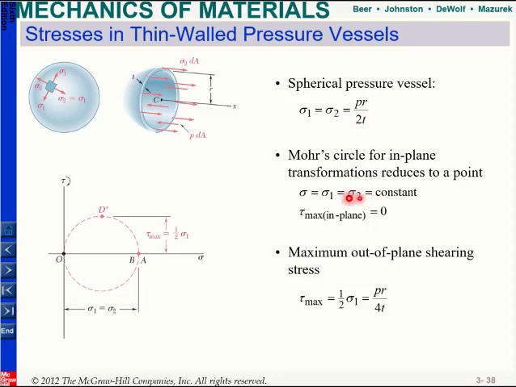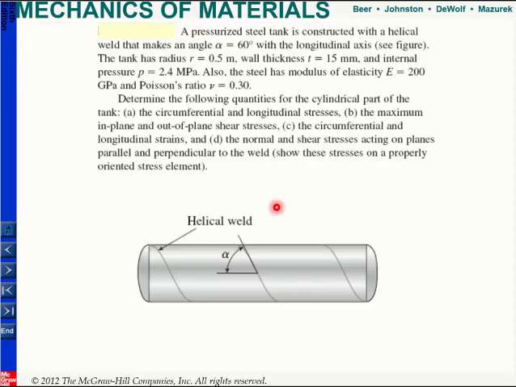Again here, since this is my point, I don't have any in-plane maximum shear stress, and the absolute maximum shear stress is equal to PR over 4T. To be honest, we're not going to really use this spherical formula, but we will use the other one often. So let's solve some examples and apply what we learned.